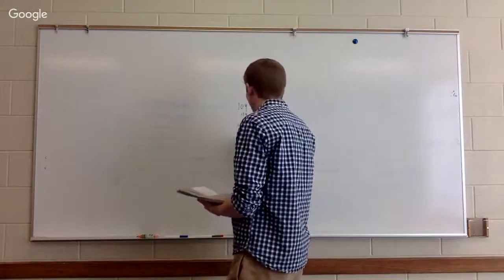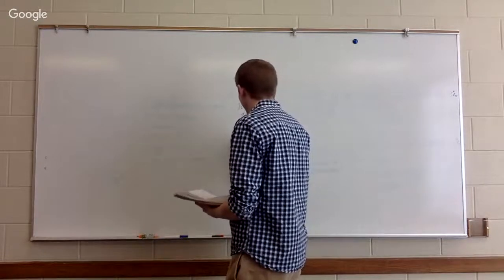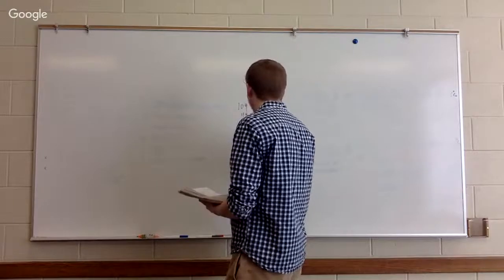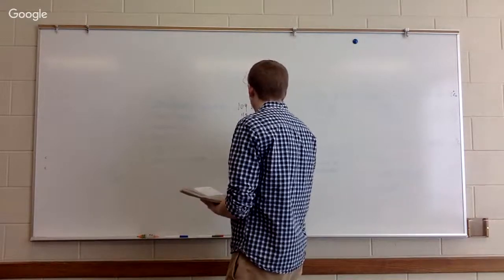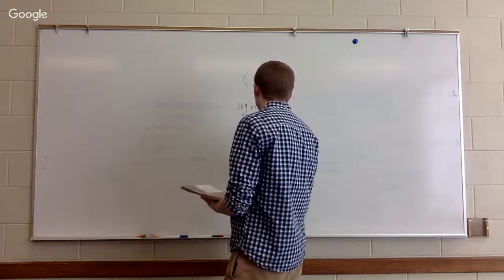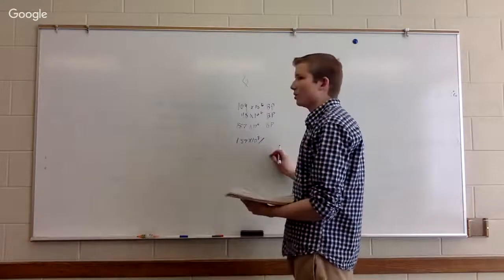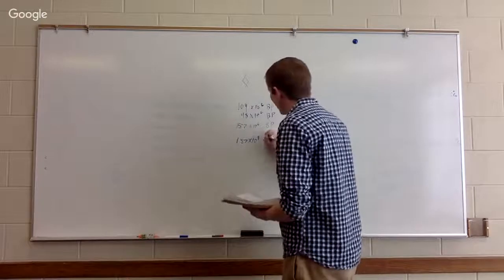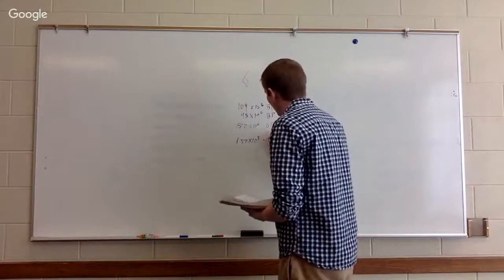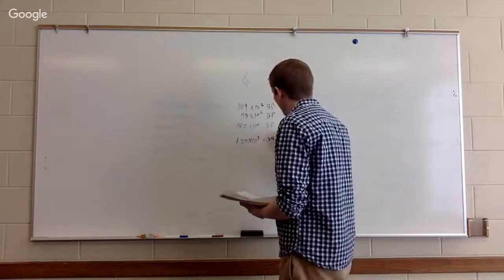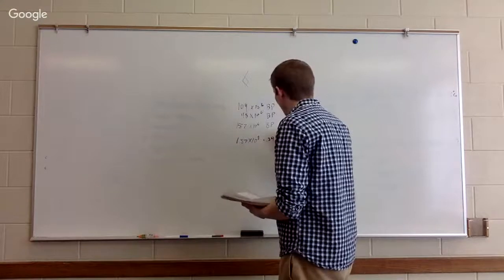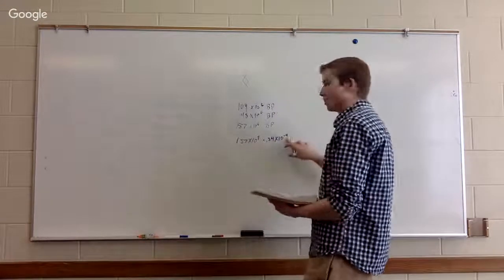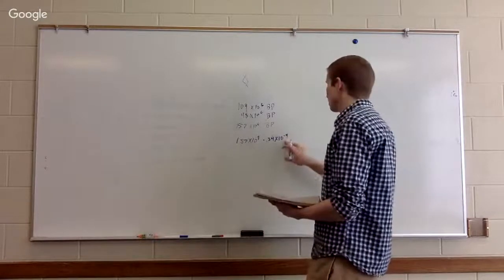So we take 1.57 times 10 to the 8th, and we want to multiply that by 0.34 times 10 to the negative 9 because of our nanometers.